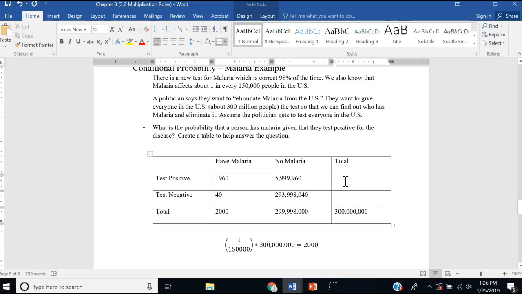So for completeness, let's fill this out. Those who test positive: 1,960 plus that group. So we take 1,960 plus the almost 6 million, and you get just over 6 million.